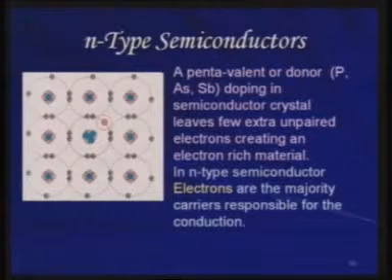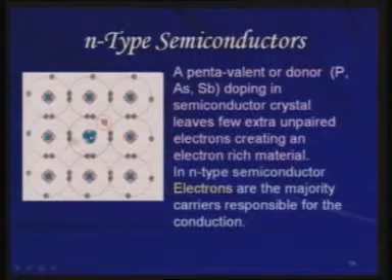Now on the other side, if I dope the semiconductor with pentavalent, or valency 5, elements, like phosphorus or arsenic, they are the ones that are called donors. If this atom is phosphorus, then it has already shared 4 electrons with its neighbors.